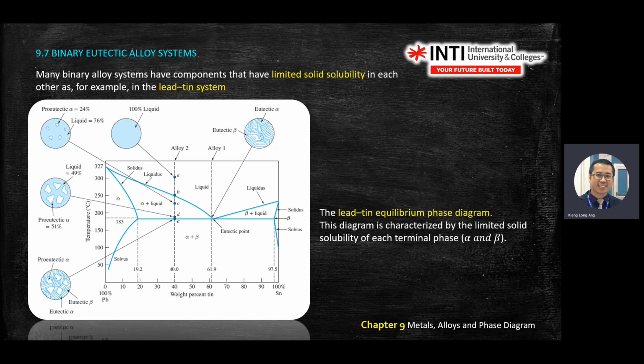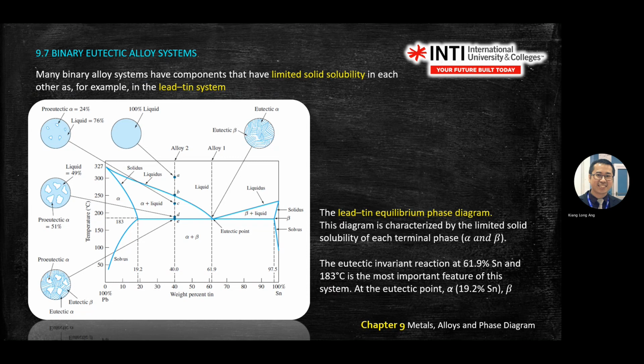So let's look at this line. One important point from the binary system is called the eutectic reaction. It happens at 61.9% of tin, Sn, at what temperature?